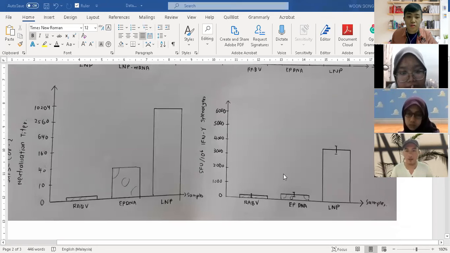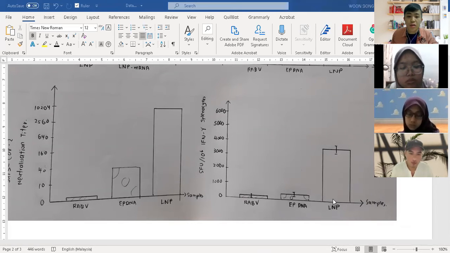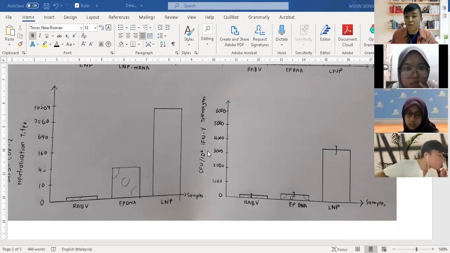All right. So next, the lipid nanoparticles that encapsulate the mRNA are also expected to successfully induce IFN gamma, which is one of the promoters that induce helper T cell 1 to induce cellular immunity in our body to fight against COVID-19.